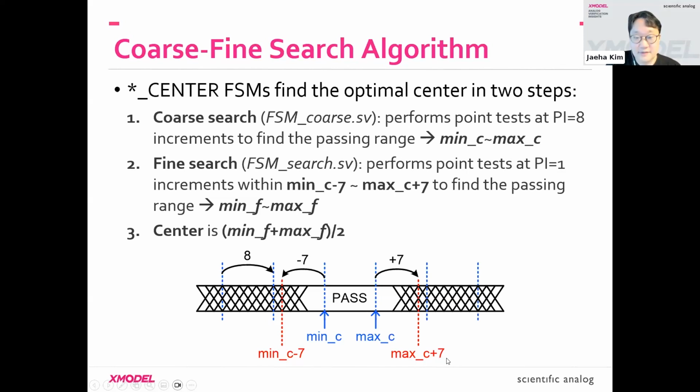Within this narrow range, we perform another incremental search, the same search as before, using a step of 1. Again, the center point can be found from the minimum and maximum of the passing range.